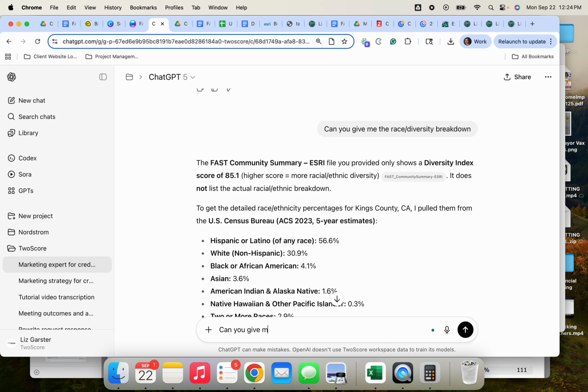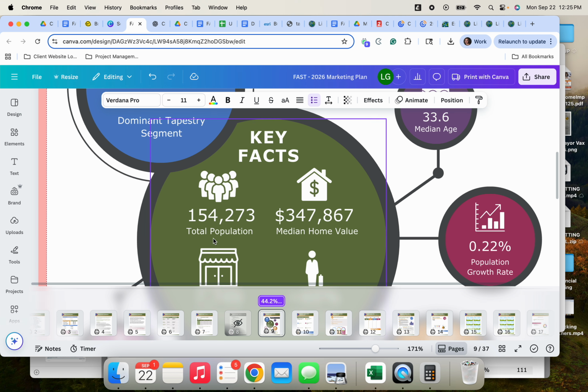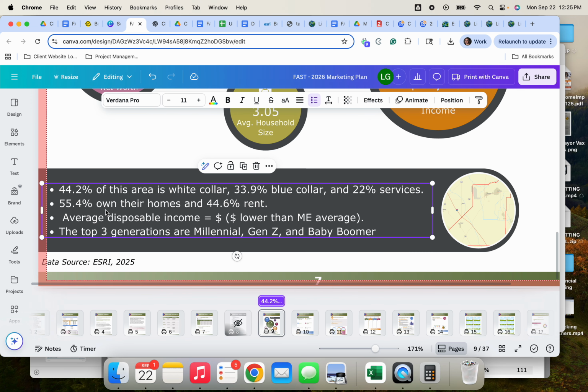Can you give me the diversity index as it compares to the California average? Because instead of here, we don't have the average disposable. And again, this came from another report that we don't get now. So I'm kind of changing this up for this page.